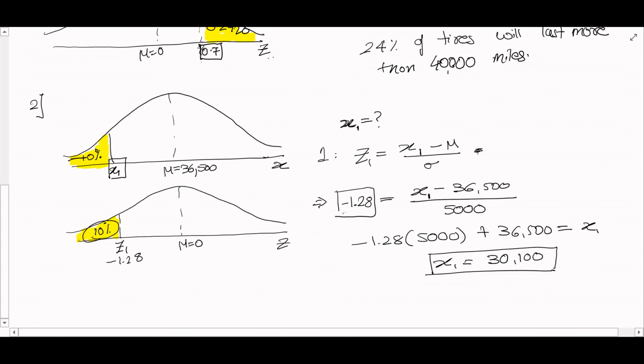So if the company offers guaranteed miles of 30,100, the company knows that 90% of the tires will last for more than 30,100, and hence 90% of the customers will not be coming asking for replacement, and there are only 10% of the tires which last less than 30,100, and hence these customers will ask for replacement of the tires.